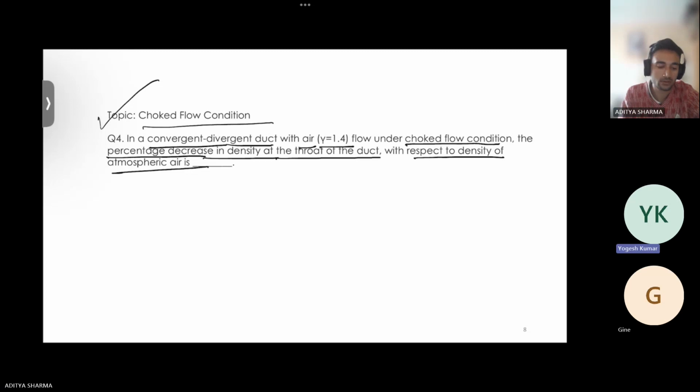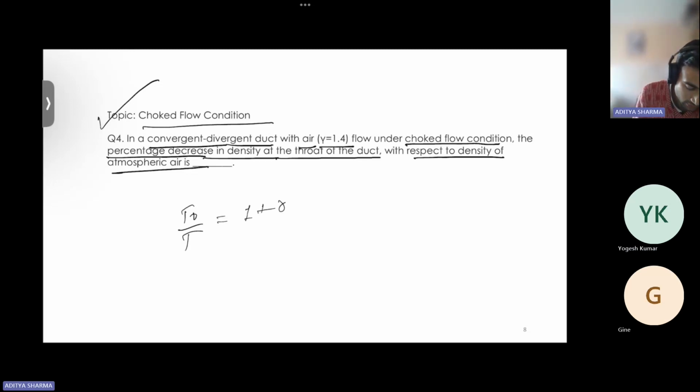Sir, in the case of rho naught, that stagnation pressure, which one will be atmospheric air? Yes, obviously, because the formula is, if you see the formula, M square, right?